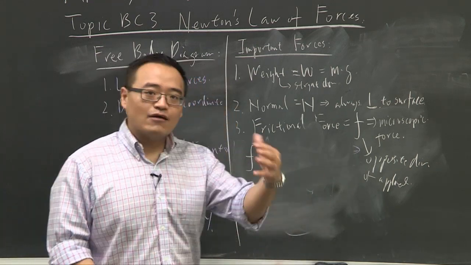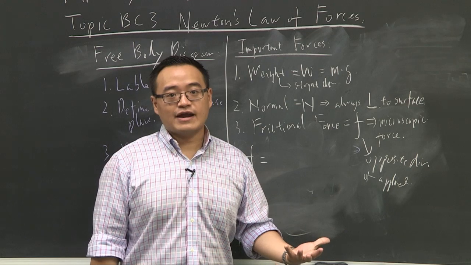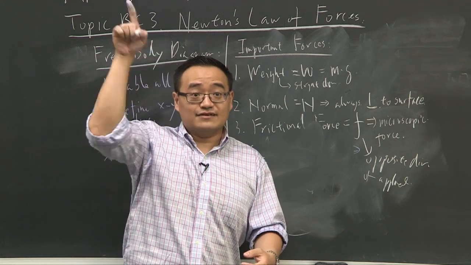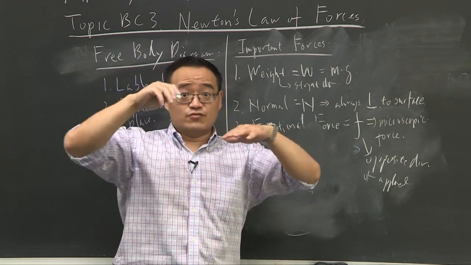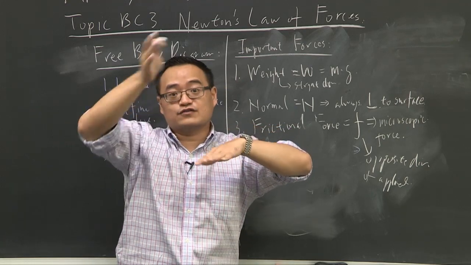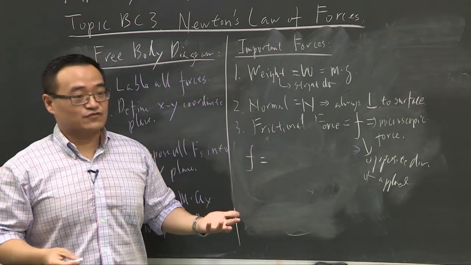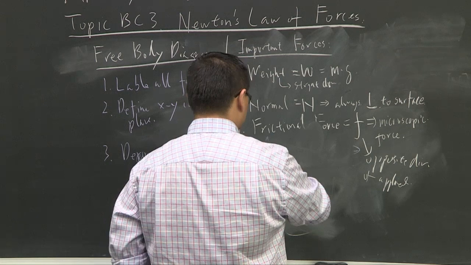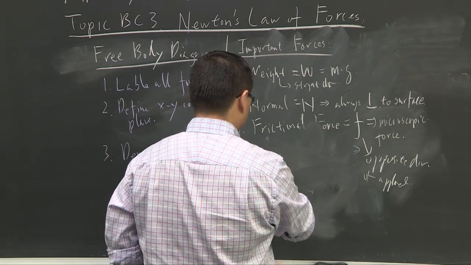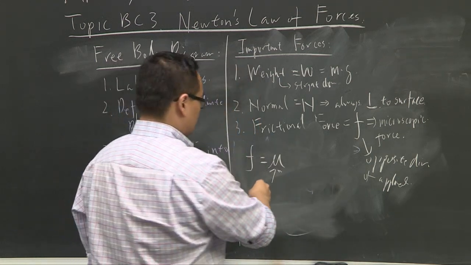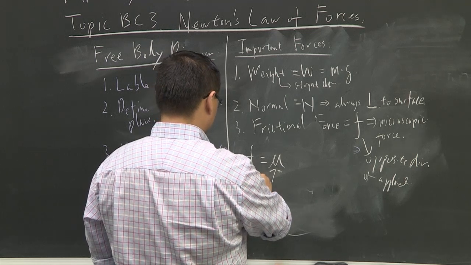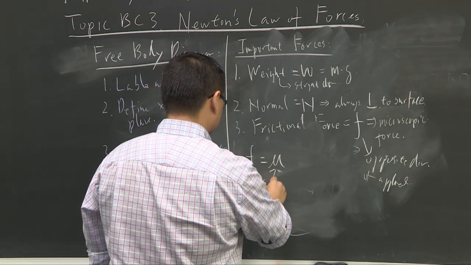One is how rough your surface is. If you have a rigid surface that looks like this and the bottom looks like that, it's just really difficult, as opposed to a little bit smooth, which is less friction. So it depends on the materials that you have, or in this case, mu, the coefficient of friction.